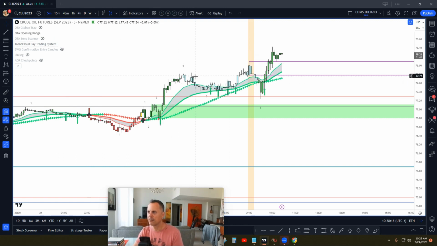Fifth wave pulls back, candles turn ice blue. What does this mean? It means that on this time frame, the pullback that's going to take place here, the pullback most likely will be below the 50. The trend cloud is the 50 simple and this piece right here, the 15 and the 34.